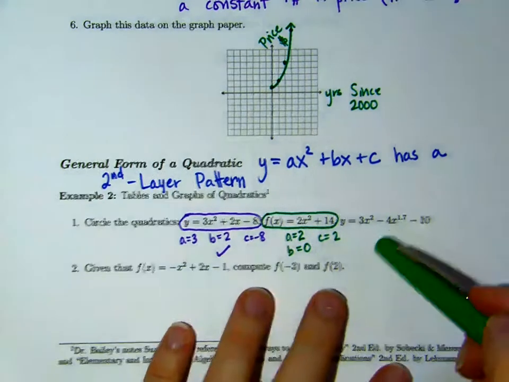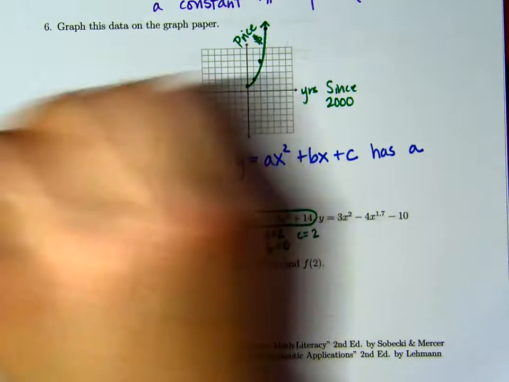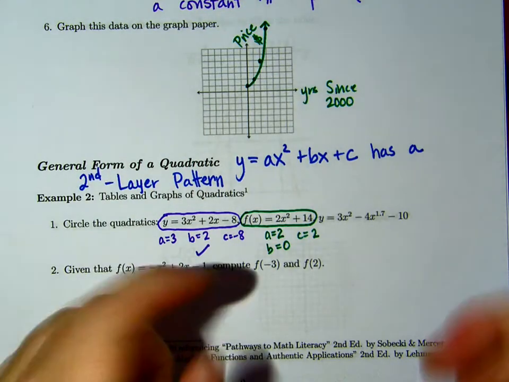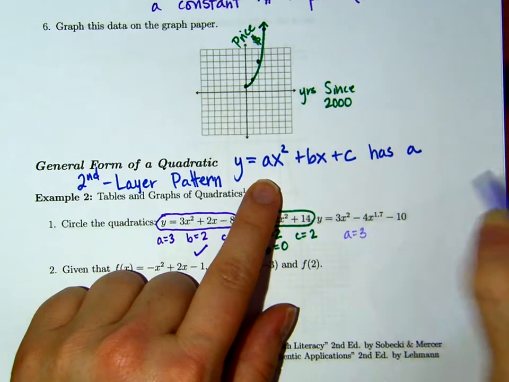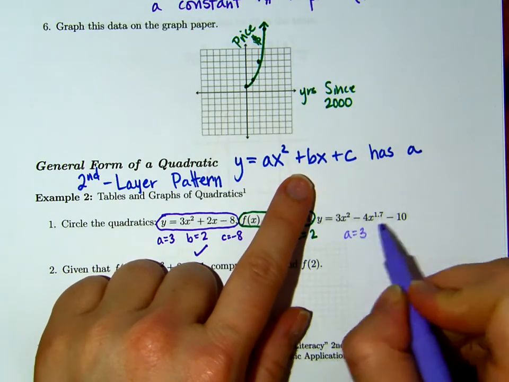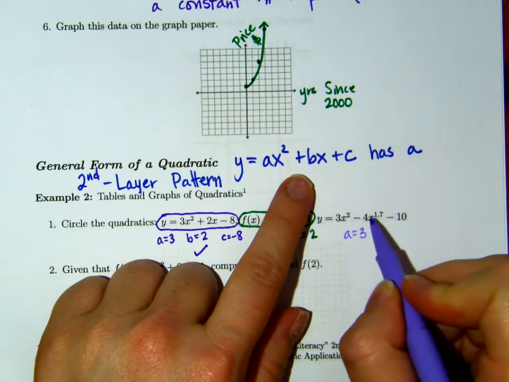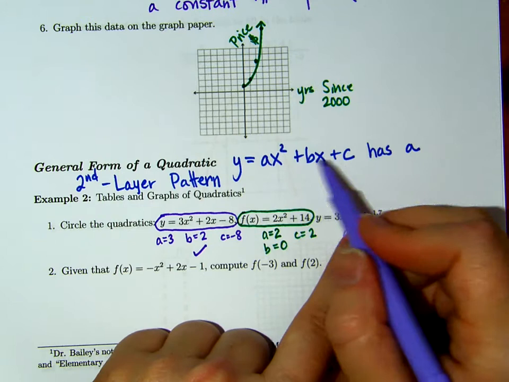Okay, and now let's look at this one. We see that A is 3. What is that? X to the 1.7? No, that does not match this form.